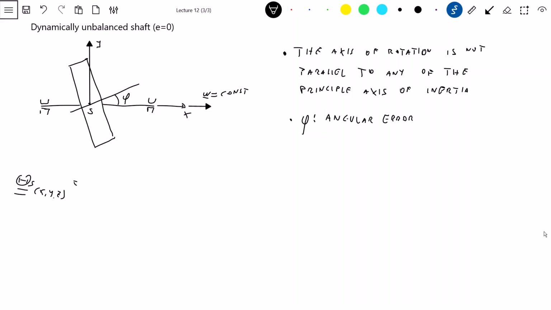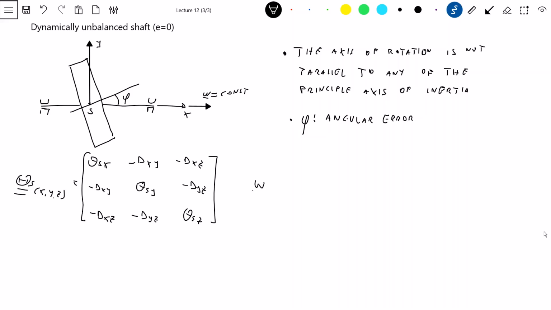We have theta sx, and here all generic terms: minus dxy, minus dxz, minus dxy, theta sy, minus dyz, minus dxz, minus dyz, theta sz.